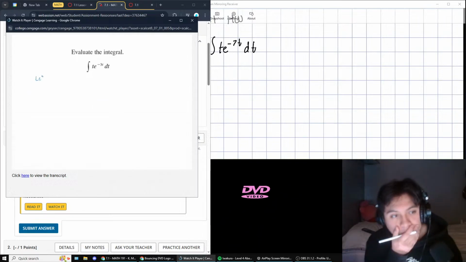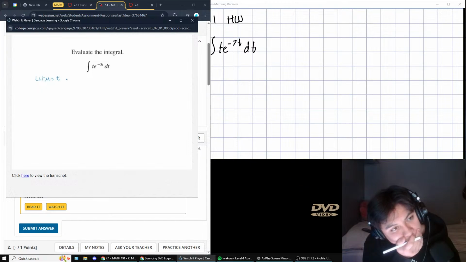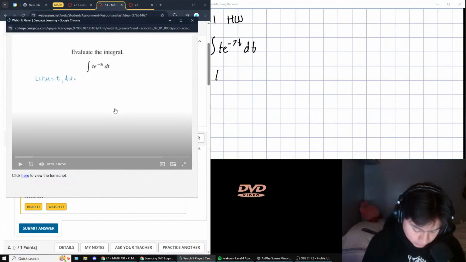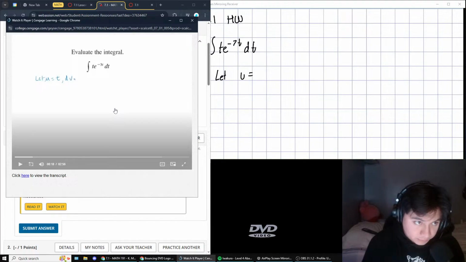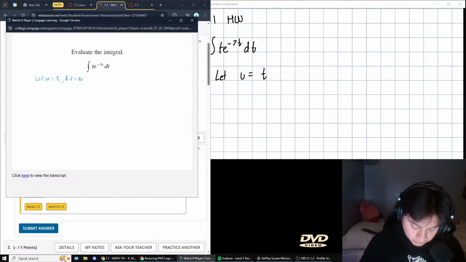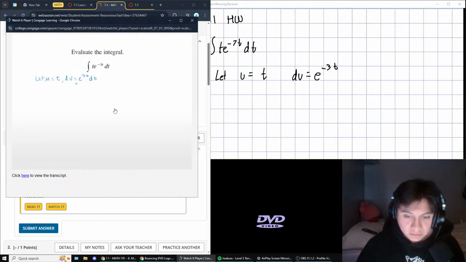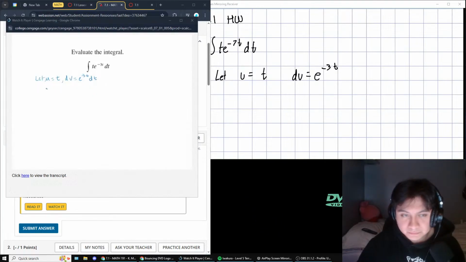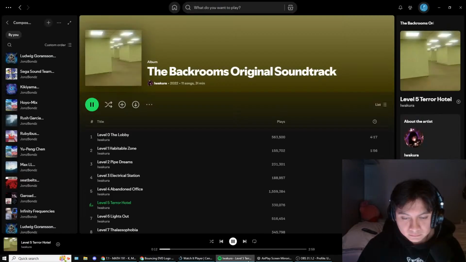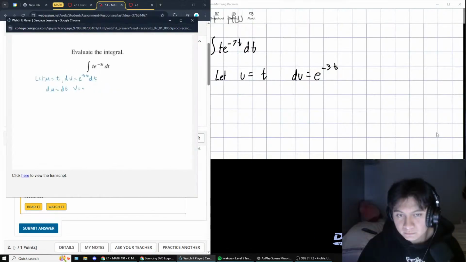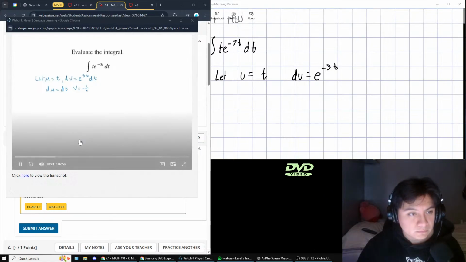And we let u equal t, and dv equals e to the negative 3t dt. And from that, du equals dt. We take the derivative, and v equals negative 1/3, because this is negative 3.